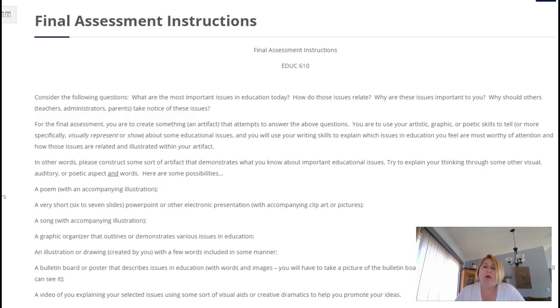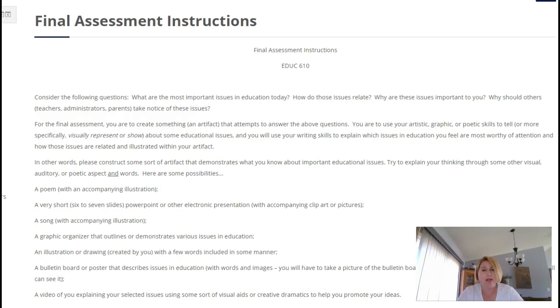So please know that while some people may do a poster, some people may do a piece of art, some people might use a graphic organizer. Any way that you choose to represent your various issues is going to be uniquely you, and it does not have to be artistic and super musical, okay? That's just my main point to you: please don't let that bog you down. The format that you choose should just be one that you're comfortable with and that you feel is best for you to use.